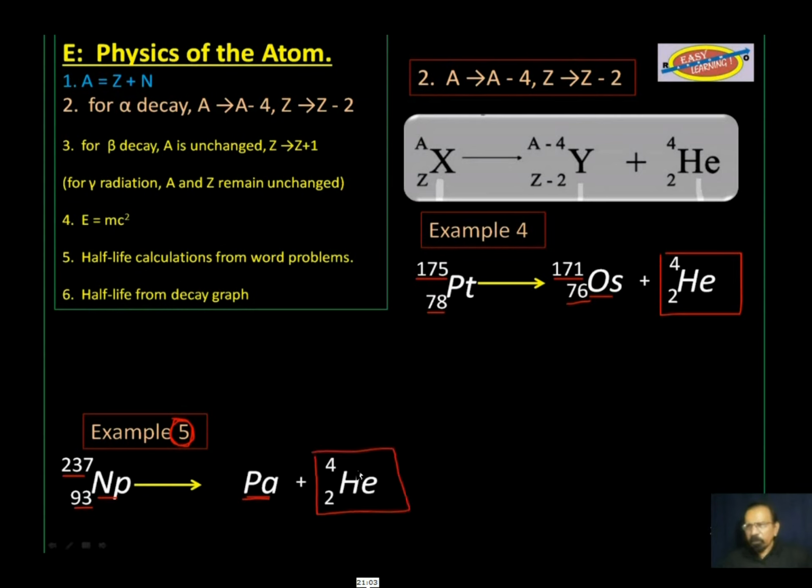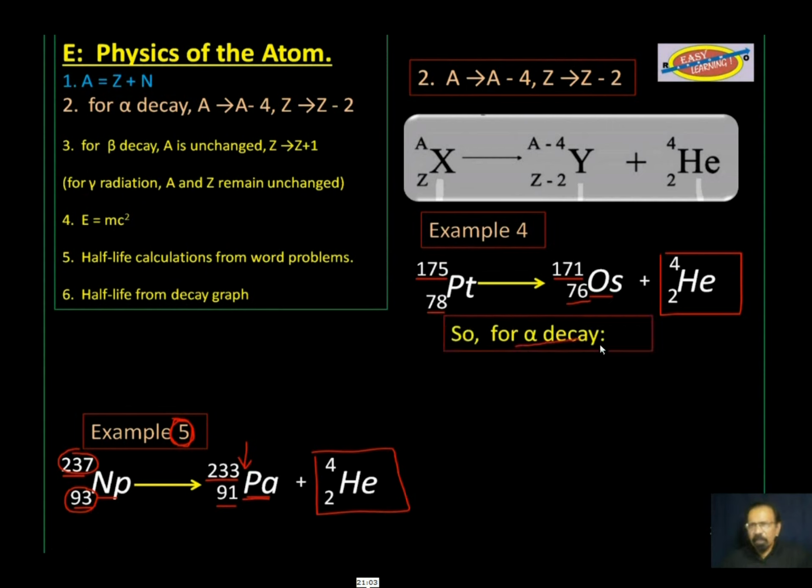By now you know that the nuclear number for protactinium would be 4 less than this 237, so it would be 233, and the proton number will be 2 less than 93, and so we get 91.